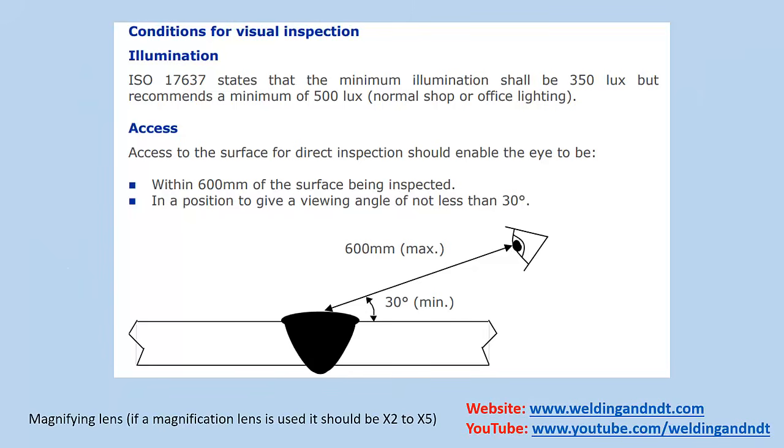See how it has written that the minimum illumination should be 350 lux, but recommends minimum 500 lux, means 500 lux is what they have recommended, but if you go strictly by the criterion, then that is 350 lux, means you cannot go less than 350 lux. However, they have recommended if possible then go more than 500 lux.